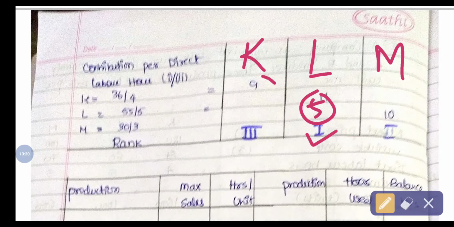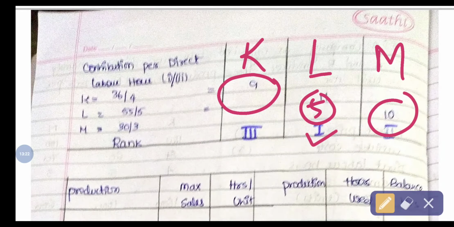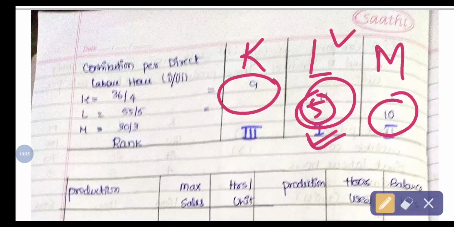They are also taking into consideration the contribution per direct labor hour. So here, as division B wants only L product, that is 5 hours per unit, they have to look for the similar one among the other two, that is either K or M.